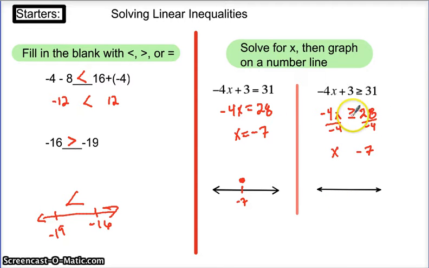Remember, if you have a greater than or a less than symbol and you divide or multiply by a negative, we're going to flip that sign. So we make our greater than or equal to into a less than or equal to. And now with negative 7 in the middle of our line as a solid dot, x is also less than, so we're going to the left of that point.